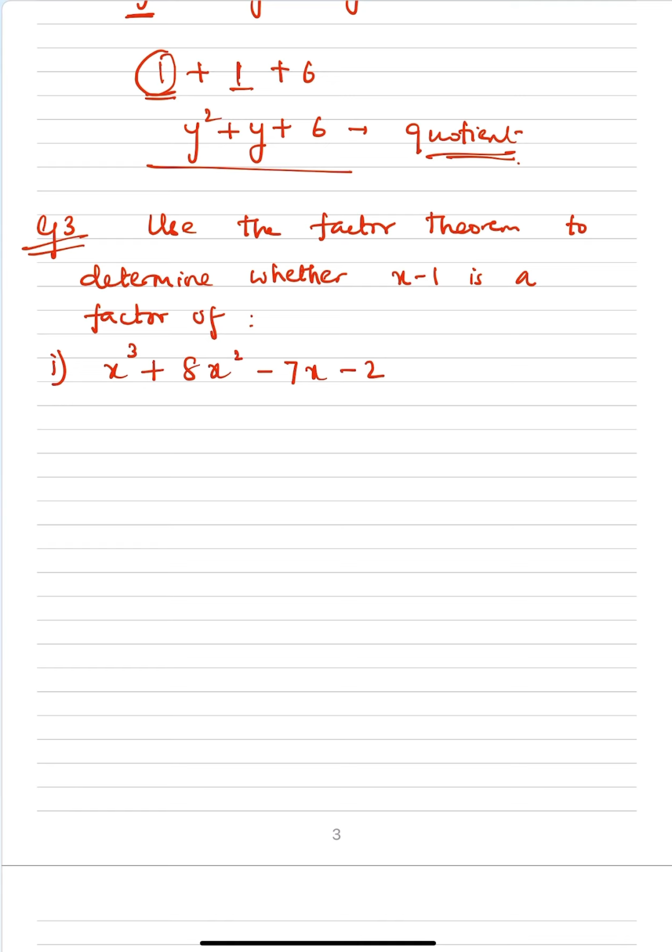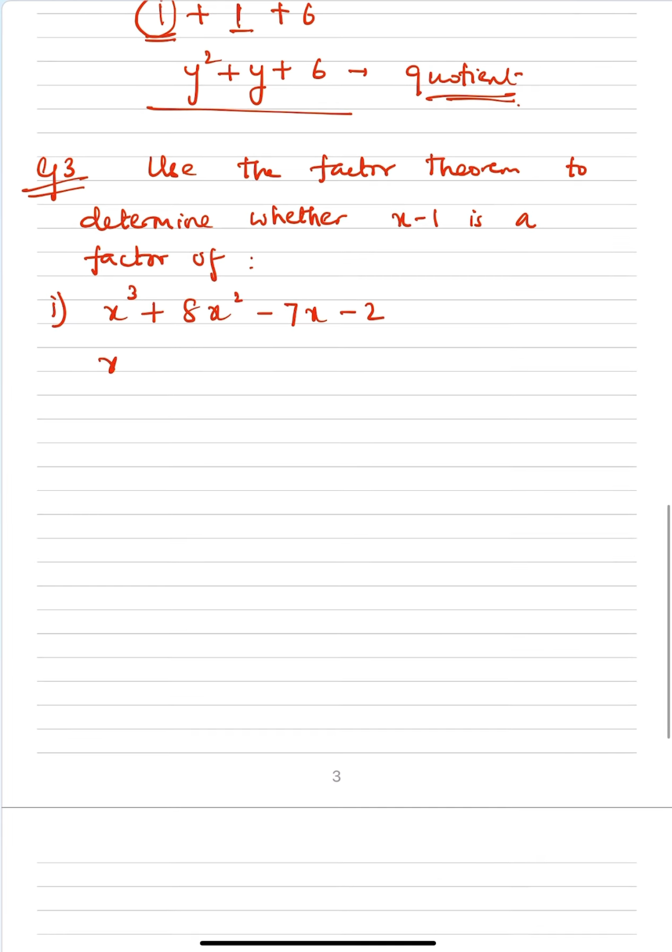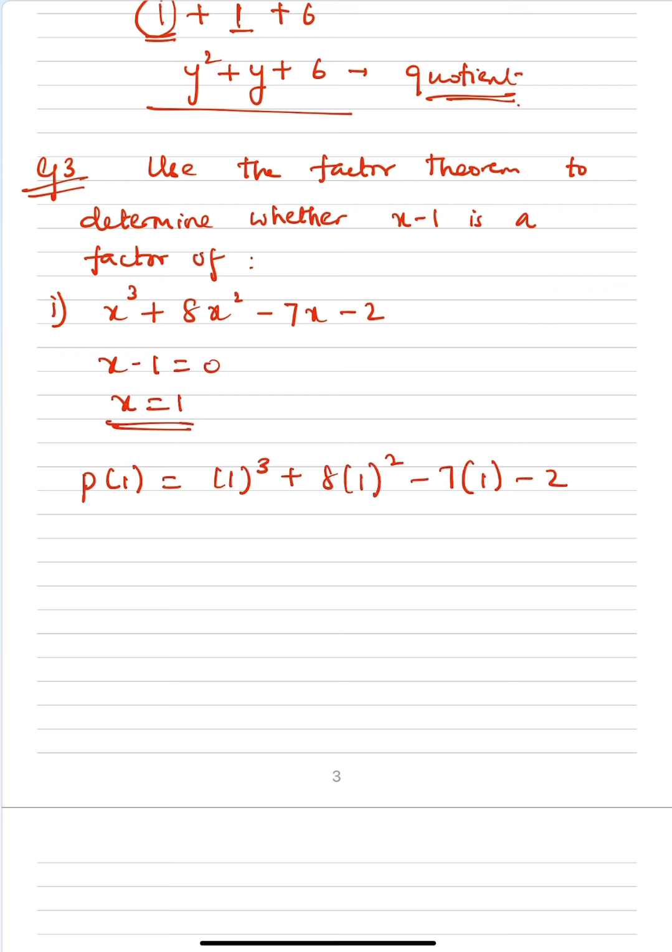Now, if you want to check that x minus 1 is a factor, your remainder according to the factor theorem should be 0. That means if I take x minus 1 equal to 0, x is equal to 1, I will get p of 1 as 1 raised to 3 plus 8 into 1 square minus 7 into 1 minus 2. This is 1 plus 8 minus 7 minus 2.